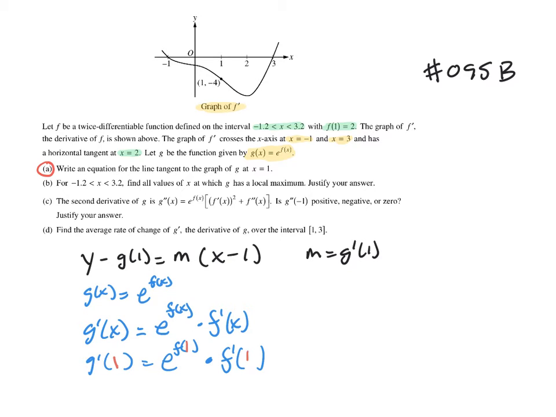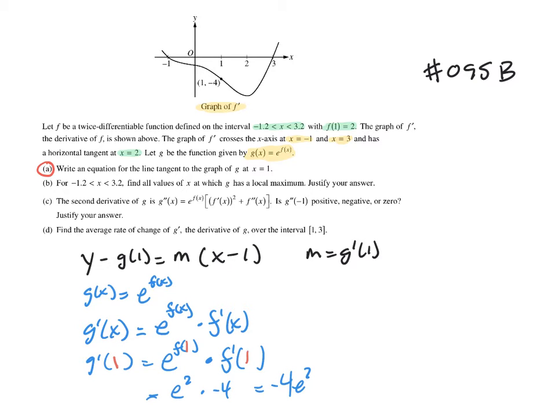And let's see, they told me that f of 1 is 2, so this part is e squared. And f prime of 1 is, what is that, negative 4? So my slope is negative 4 e squared.